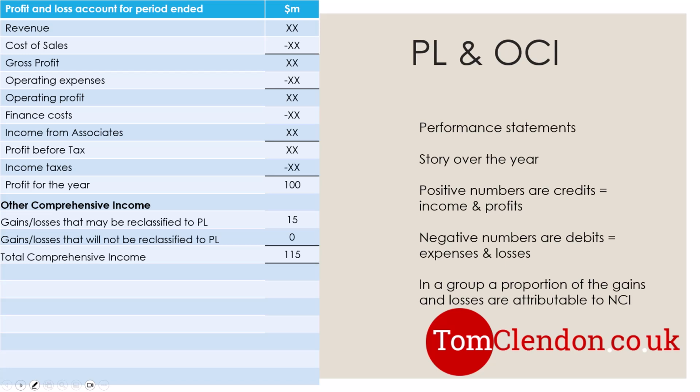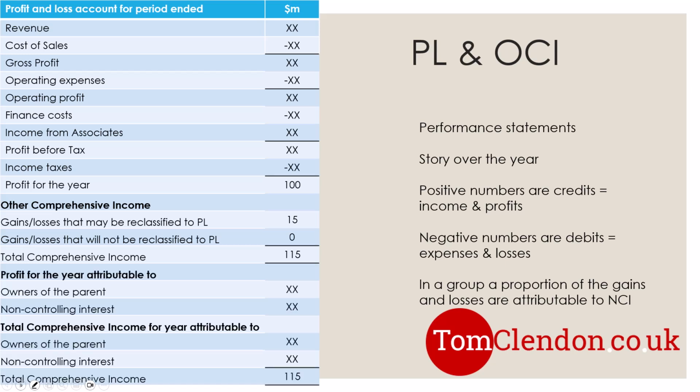You aggregate all of the subsidiaries' revenue, all of the subsidiaries' expenses, all of the subsidiaries' profits, and then you have to say, some of them don't belong to me. So at the bottom, you have to split how much of that profit is attributable to the parent and the NCI, and you have to do that both for the P&L profit and obviously what goes through OCI as well.